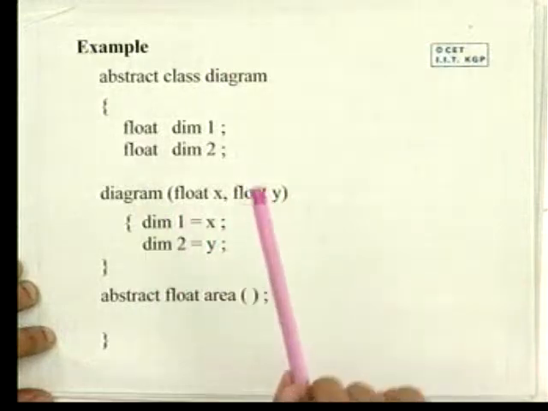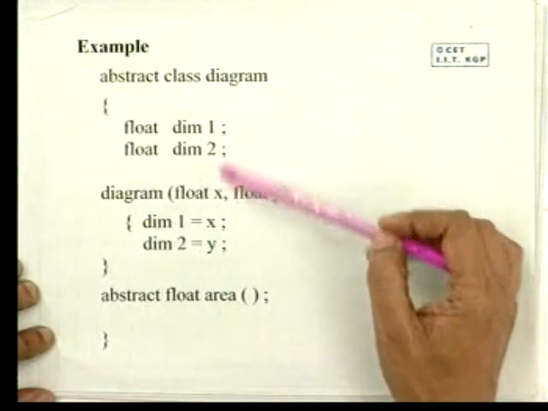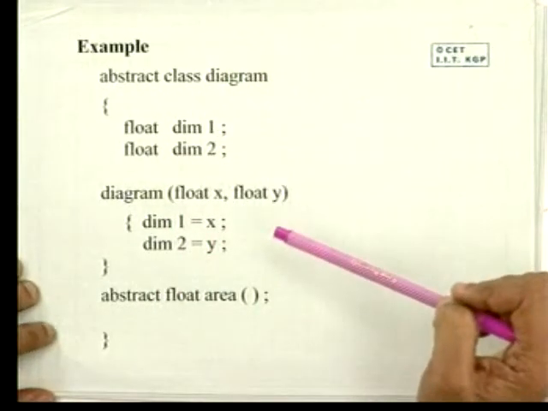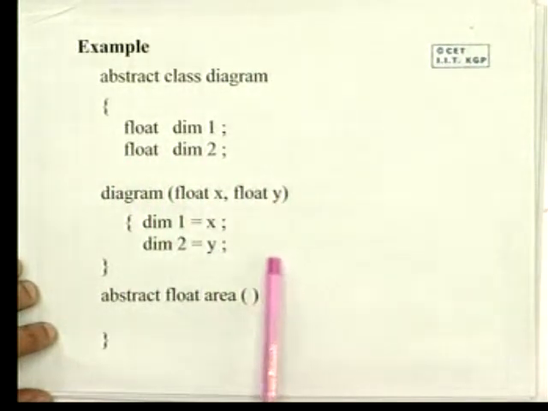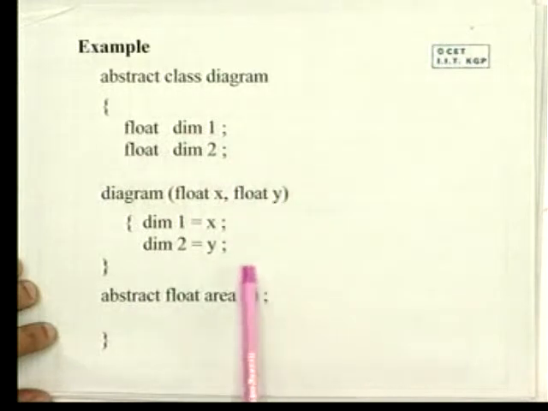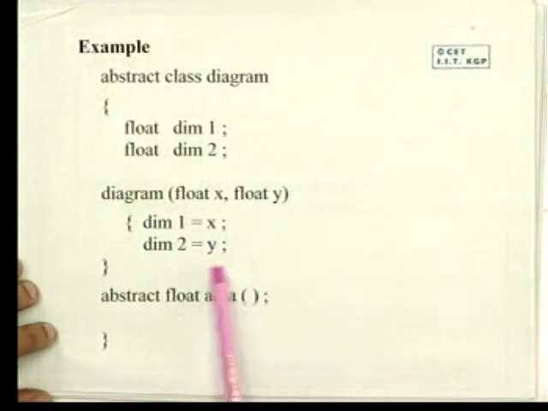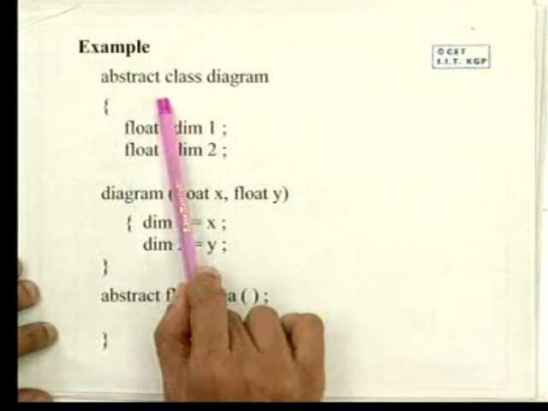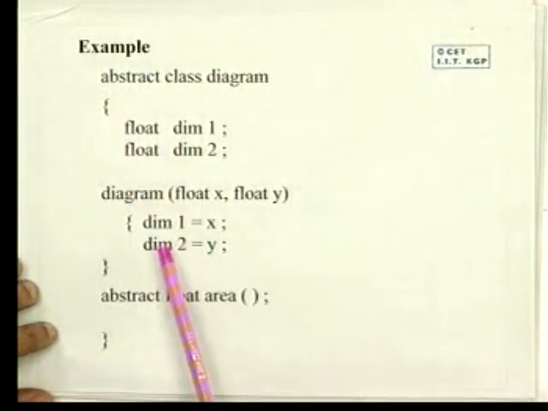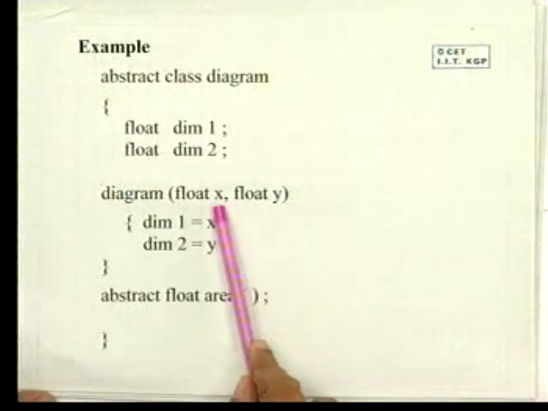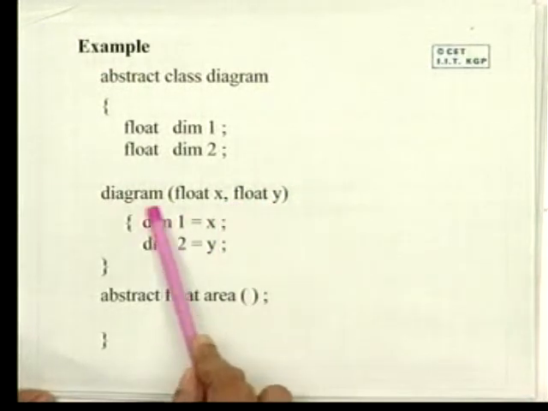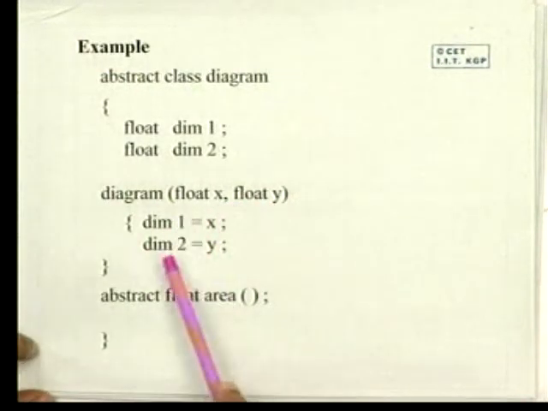Let us not concentrate on the syntax, although we have followed the Java syntax. And then this function, diagram float, essentially creates an object of class diagram. So, we have x as dimension 1, y as dimension 2. So, when we are given the values x and y, we create the dimension 1 and 2 values.